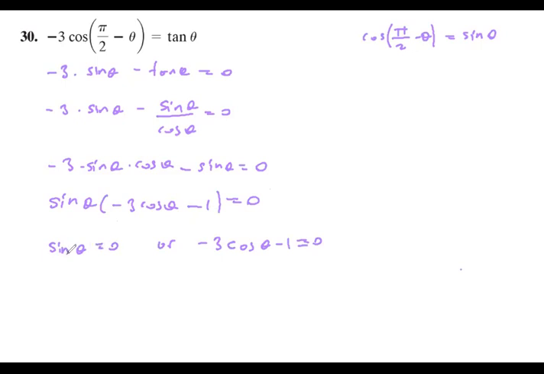If sine of something is 0, that's only the case for 0 or pi, because we are looking between 0 and 2 pi. So theta could be 0 plus any multiple of 2 pi, but we don't need that one, so just 0.